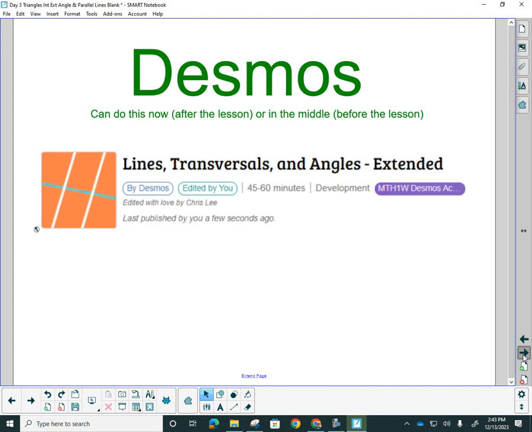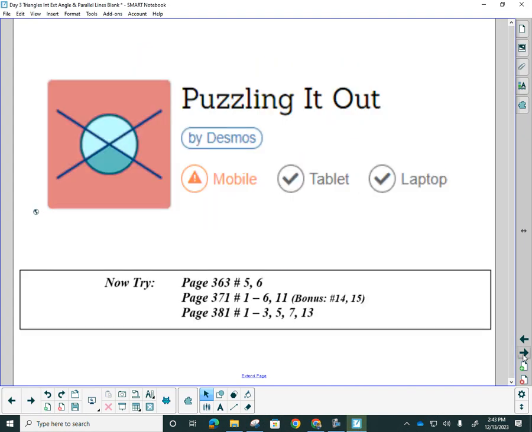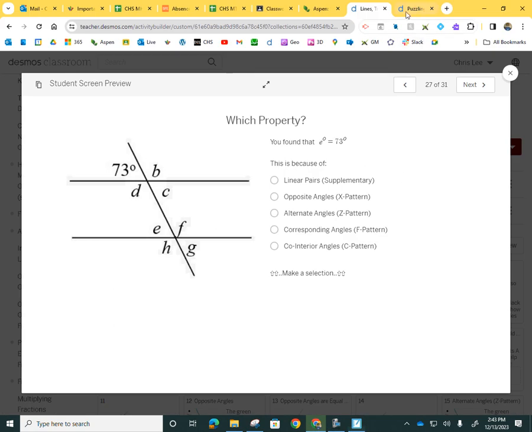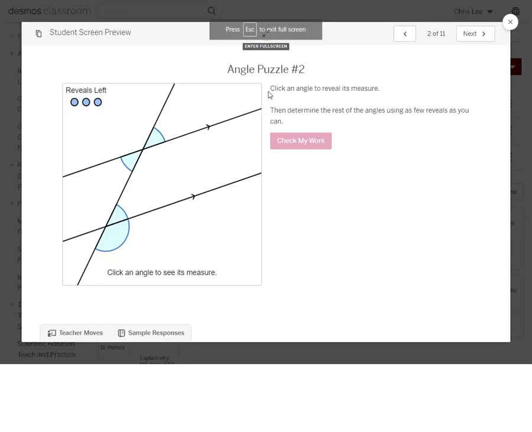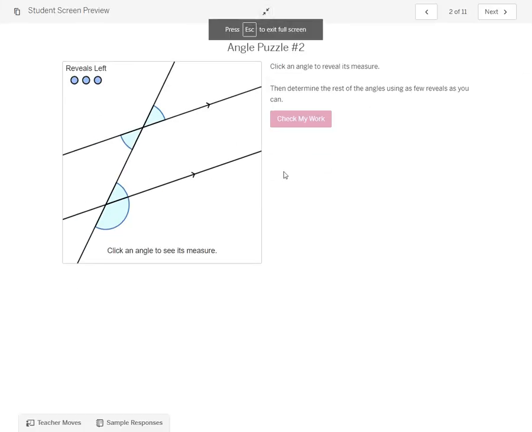And if you wanted additional practice, I'd recommend this is a really neat one, puzzling it out. It allows you to sort of use all these properties to do some fiddling around. So that's this activity here. I've skipped ahead to puzzle 2. So the idea here is you're trying to figure out all these different angles, but you're not given anything.